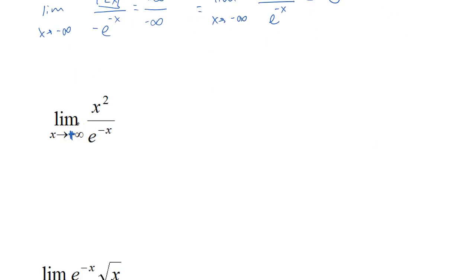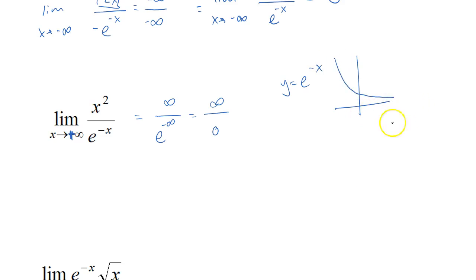If you try to let this approach a positive infinity, up top, we're going to have that positive infinity. On the bottom, e to the negative infinity. That's a little different. This actually approaches 0. If you think of the graph y is equal to e to the negative x, that sketch will look like so, and as you approach infinity, you'll approach 0.